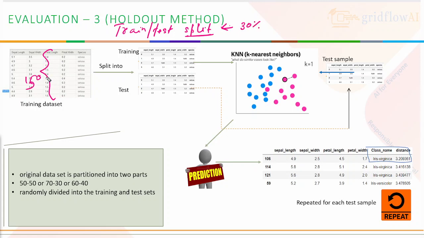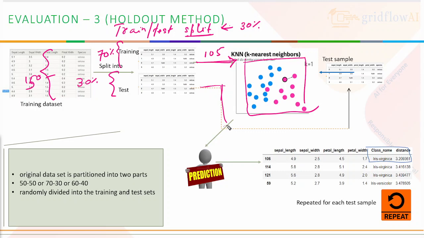So out of 150, 30% will go as validation, and the remaining 70% we will use for training. So we will use the 70%, which is about 105 samples, for training the model. The model has been trained, and then we can take the testing sample 30%. That means that is going to be 45 of the samples.